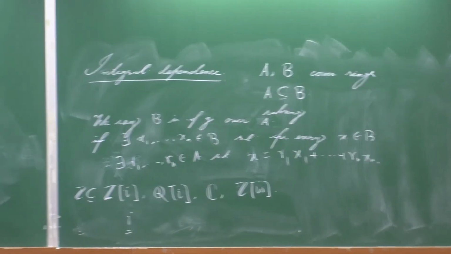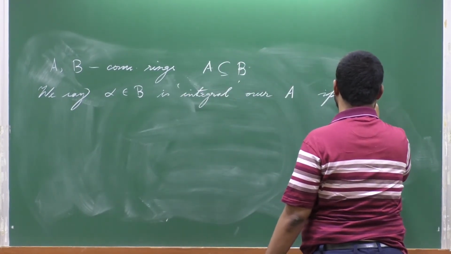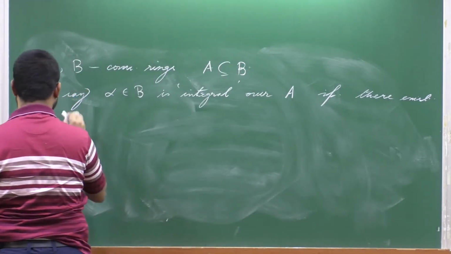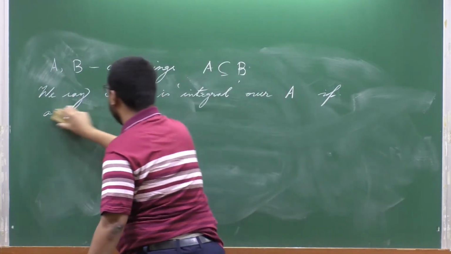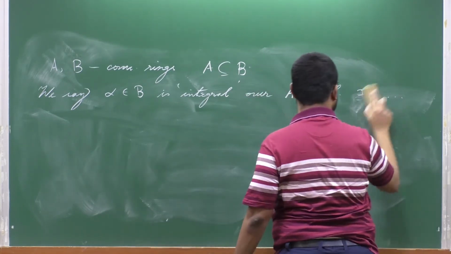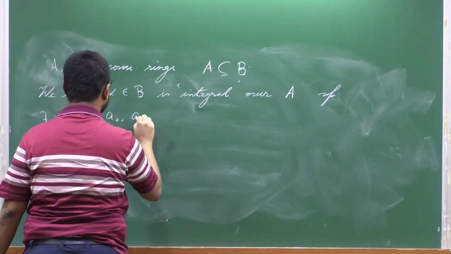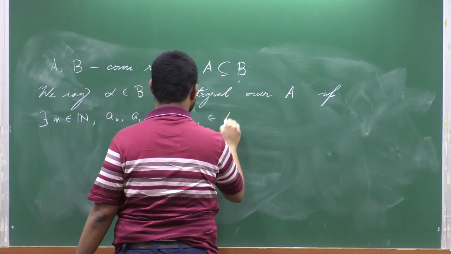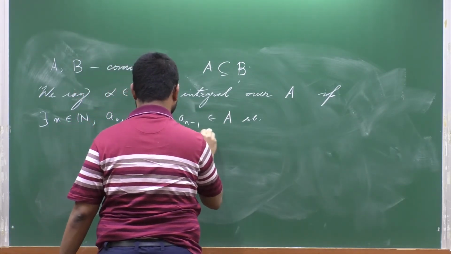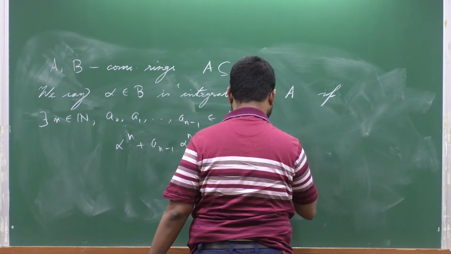We say alpha is integral over A if there exists a natural number n and coefficients in A such that alpha to the power n plus lower order terms equals zero.